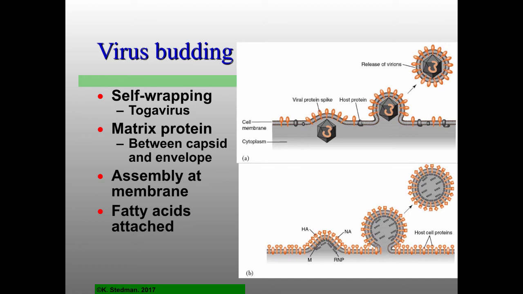And there are usually direct interactions between these virus proteins that are sticking in the membrane, that little bit which is sticking on the inside, that then is going to interact with either this capsid or in some cases just the nucleic acid and the proteins that are associated with each other. Either it can be direct, or there can also be a matrix protein, which is between these two kinds of things, kind of serving as an adapter between these two.